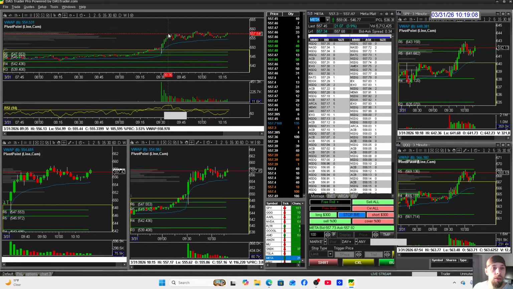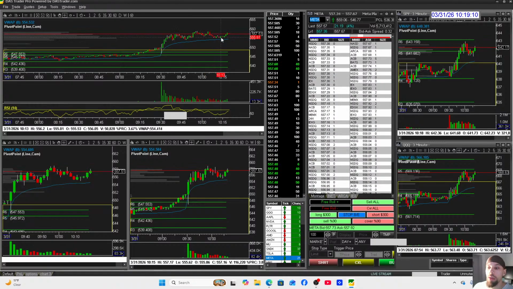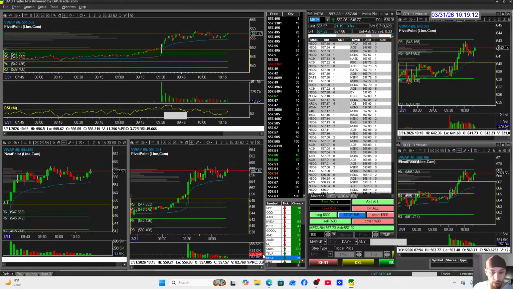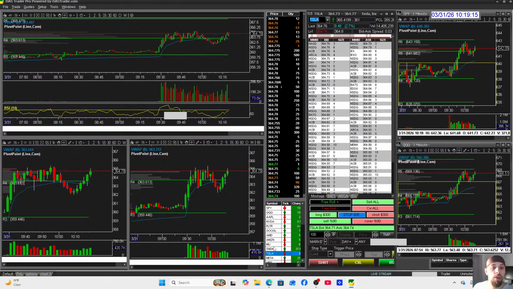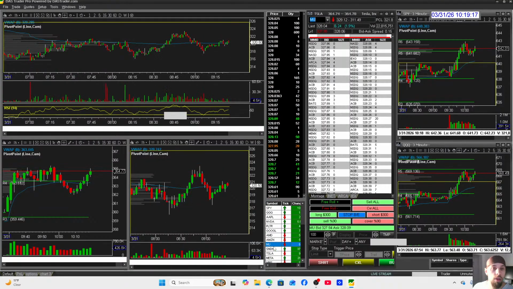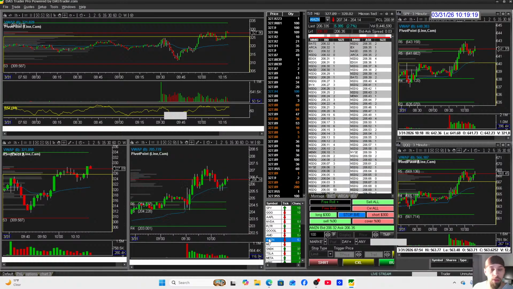Meta going sideways here. Looking like it wants to make another leg up here soon. Tesla looking to squeeze.